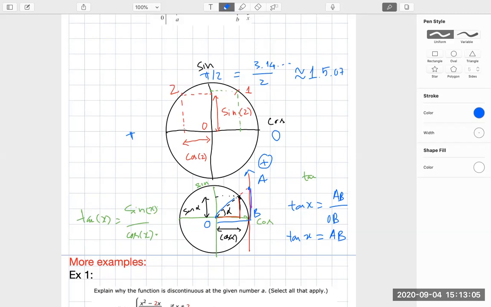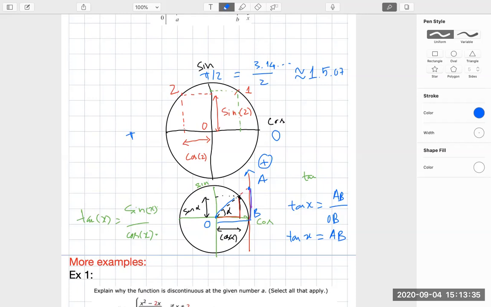Whenever you want to find the tangent of an angle alpha, connect the origin to that angle, and wherever it cuts the axis here is the value of the tangent. For example, at theta equal to 0, tangent will be the point where the line from the origin cuts the axis, which is 0.